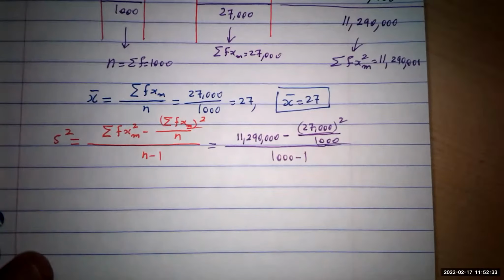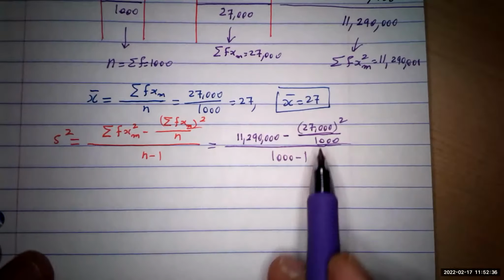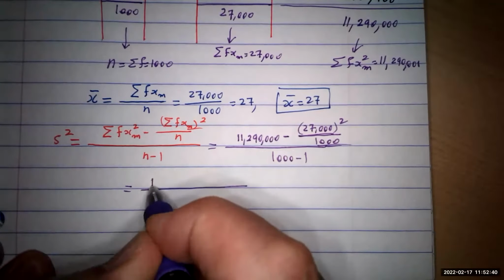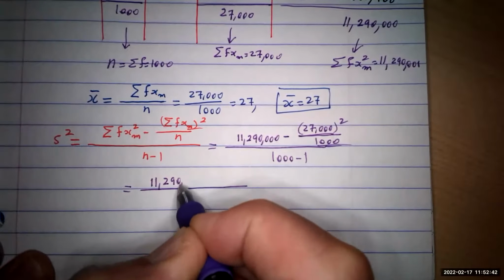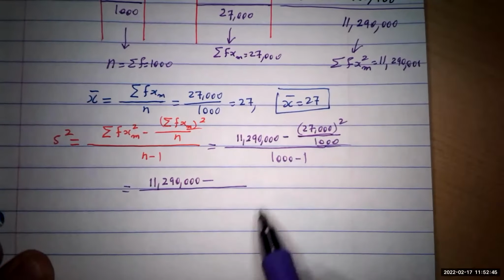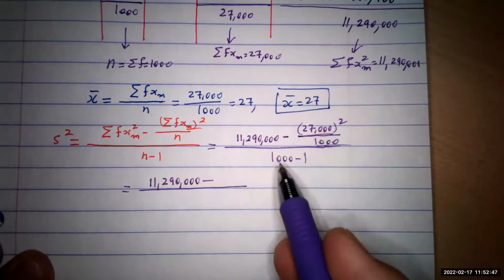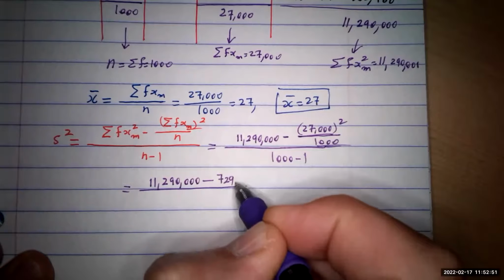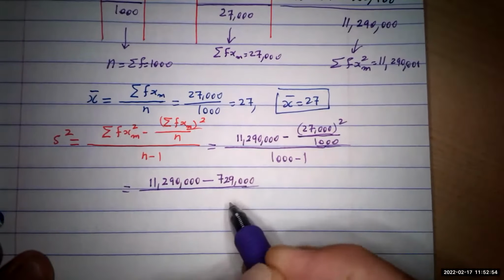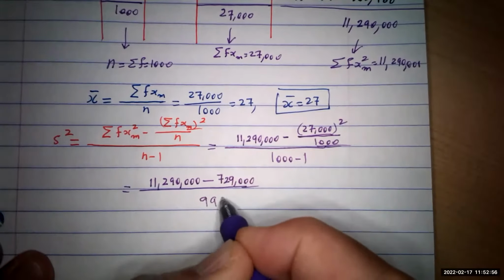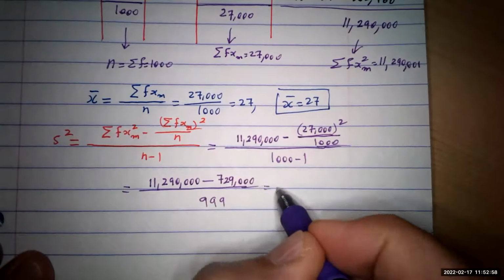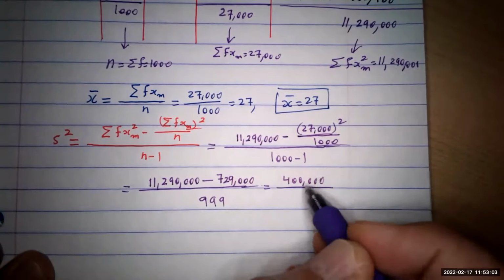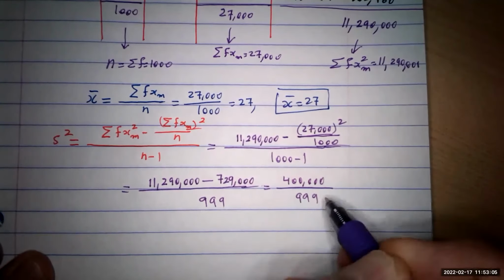See, that's going to be the case. Order of operations, you square, then divide all of them. So it's going to be 11,290,000. If you do this with your calculator, that gives 729,000 divided by 999. So this is the way I did it. On the top, 400,000, and at the bottom, 999.